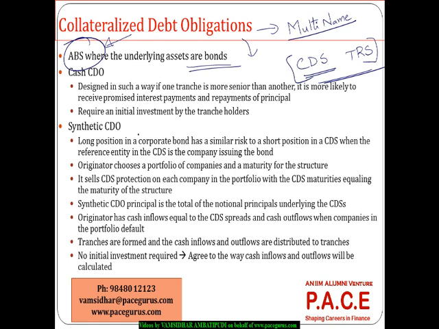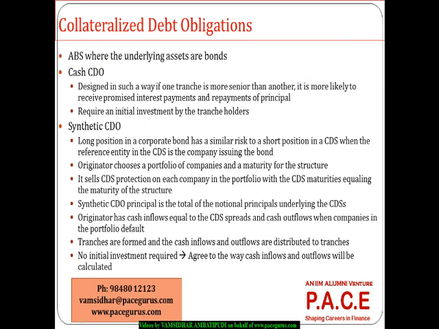So whenever we are talking about a cash CDO, whatever the whole cash pool, the pool backed by the asset bonds, that pool is divided into different tranches: senior tranche, mezzanine tranche, equity tranche. Senior tranche will probably have a AAA kind of credit rating, or a much higher credit rating. Here we have a B kind of credit rating, and here it is unrated.